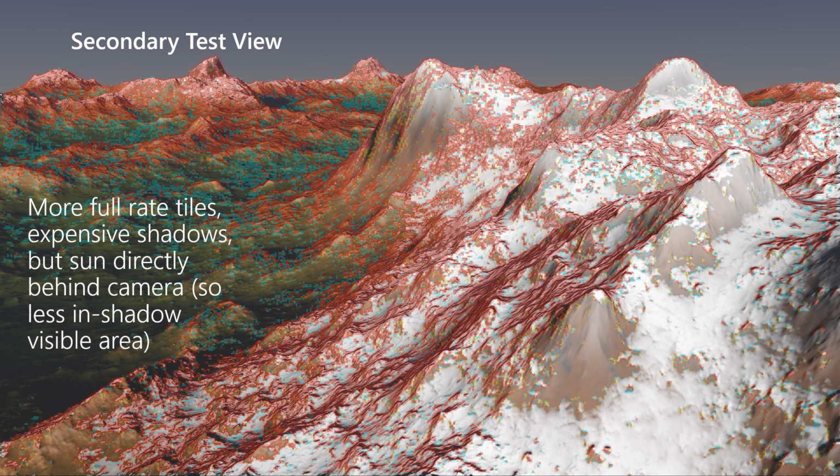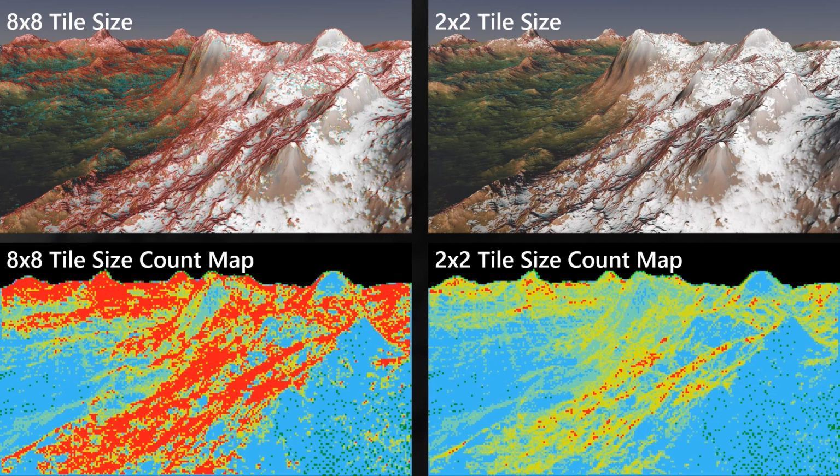And here is the visualization showing how many of the 8x8 tiles are a high rate, which is the red tint. Quite a significant proportion of the screen. So here we're comparing 8x8 tile size, which is needed by the hardware VRS on Xbox Series consoles.